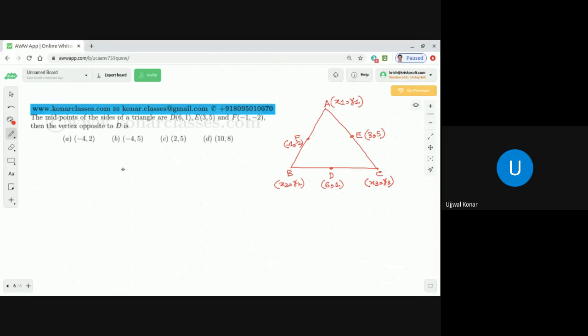Then what can we write, dear students? They are the midpoints, right? That means we can write that (x2 plus x3) by 2 is equal to 6. Correct?